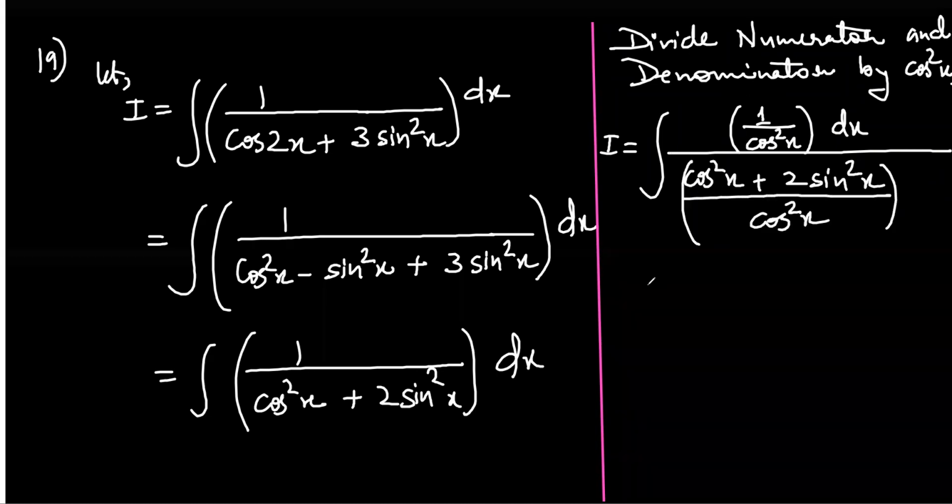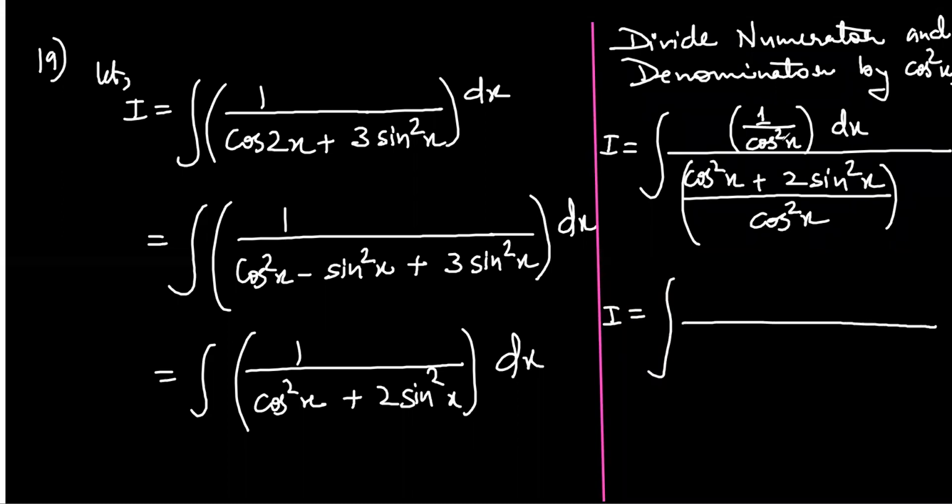So you get I equals 1 upon cos square x, which is sec square x dx, and here you will split the denominator. So the numerator is sec square x, and dx we already had.